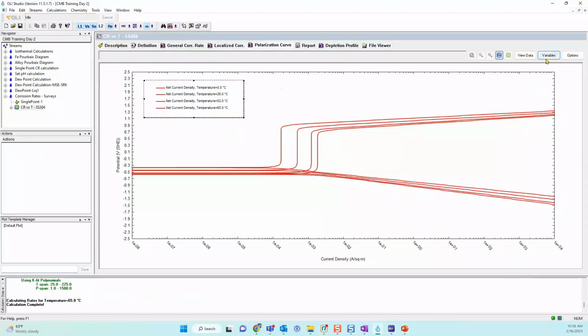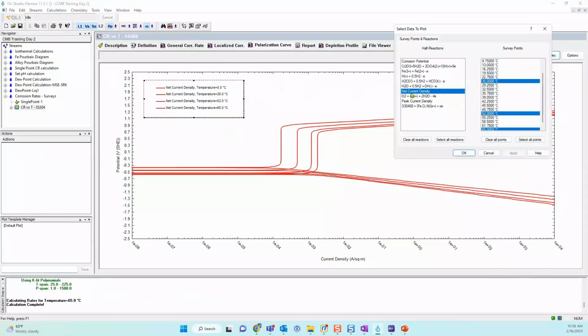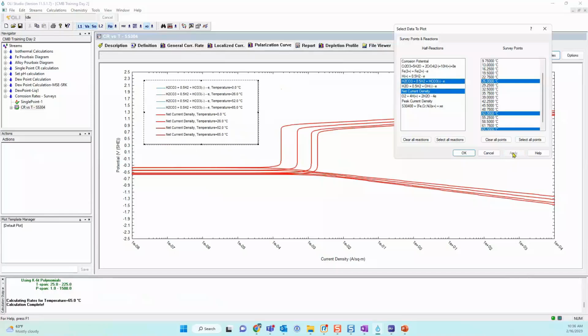Okay, and you can also see the effect probably on, since this is CO2, you say, okay, what about my bicarbonate reduction reactions? Oh, I don't see any. That's weird. Let me see this one.